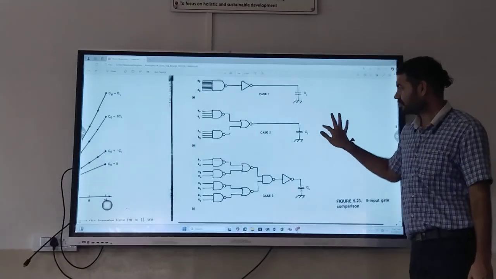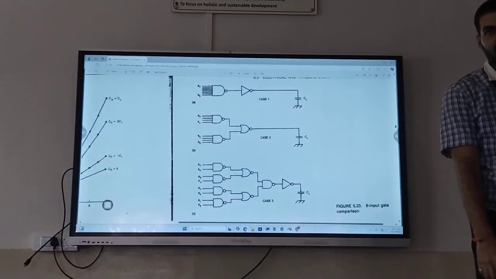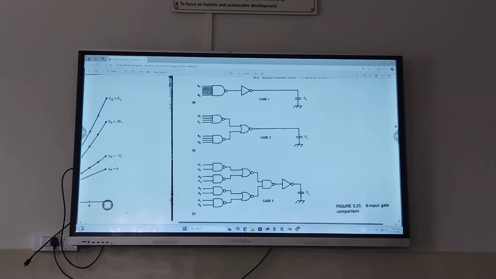Next, we are seeing 3 diagrams. Logically, all 3 diagrams give you the same output. Check it yourself. First one is an 8 input NAND gate, followed by an inverter, followed by the output.